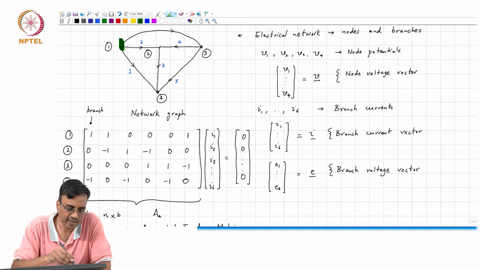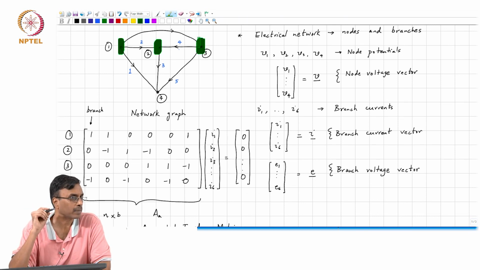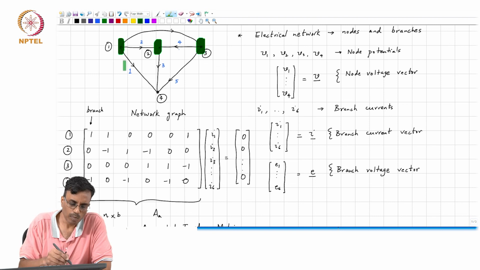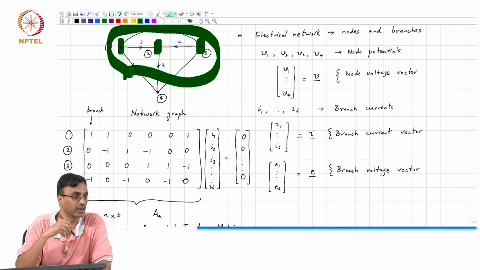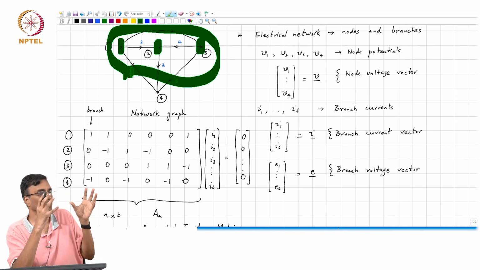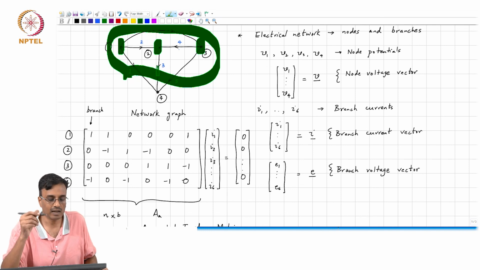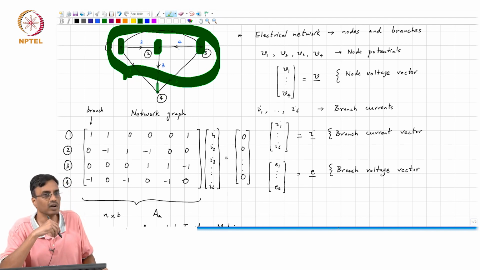If we wrote KCL at all but one node, then KCL at the other node is implied. How? Because if the current flowing through all these nodes, net nodes, is 0, you can think of that as a super node, and therefore, writing KCL at node 4 is actually redundant.